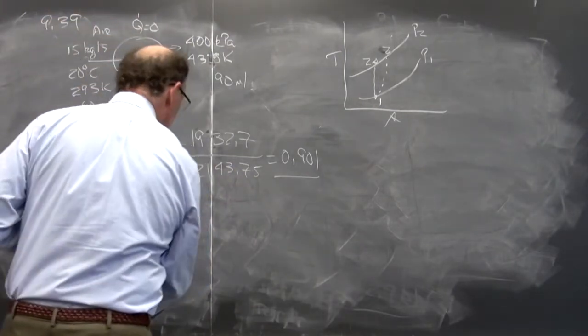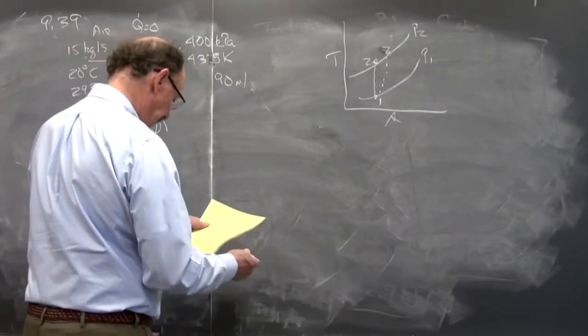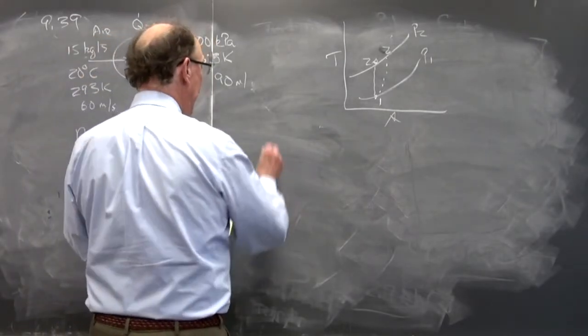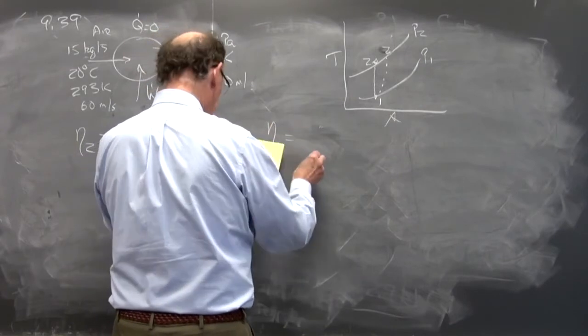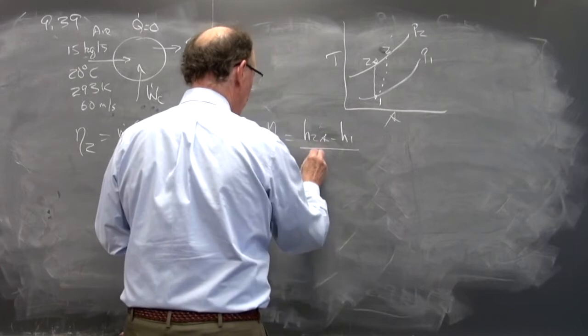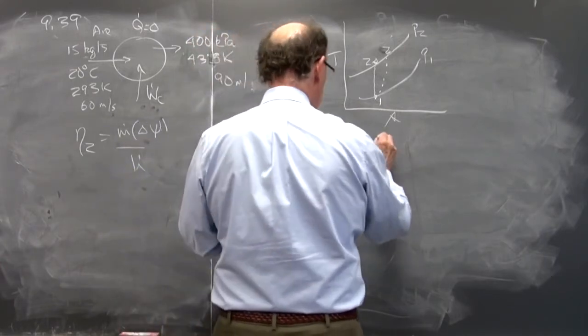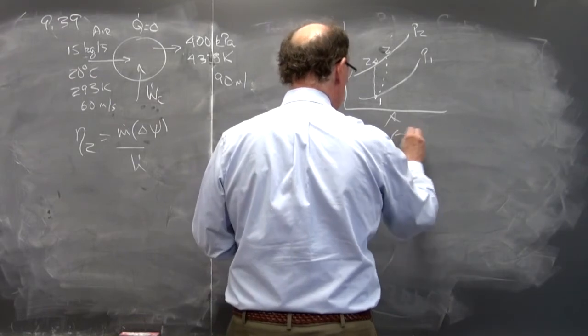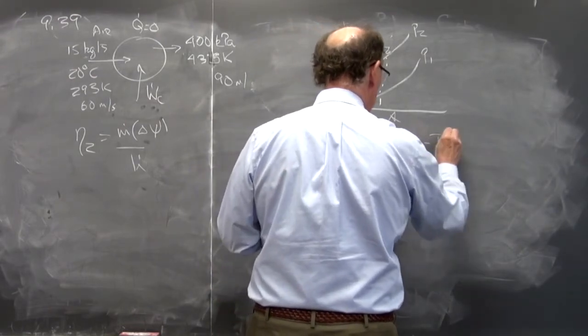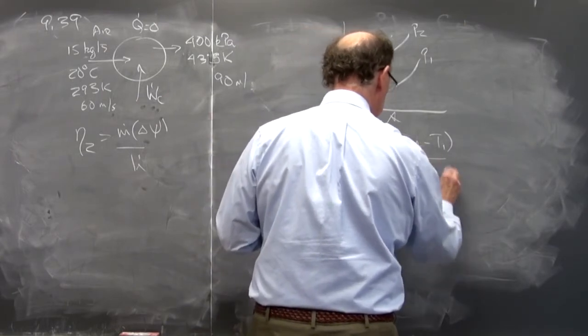So if I look at the compressor efficiency, eta sub C is equal to H2S minus H1 over H2 minus H1 is equal to C sub P times T2S minus T1 over C sub P times T2 minus T1.